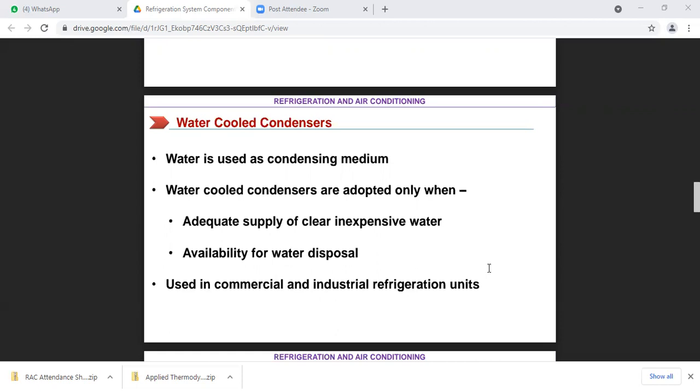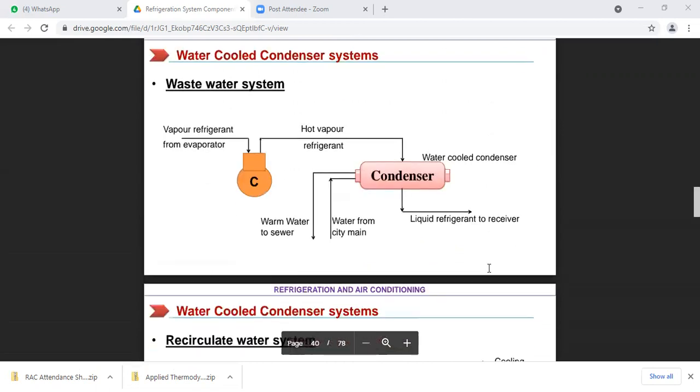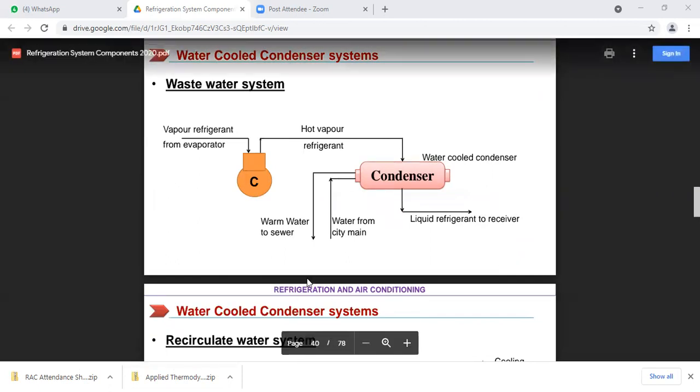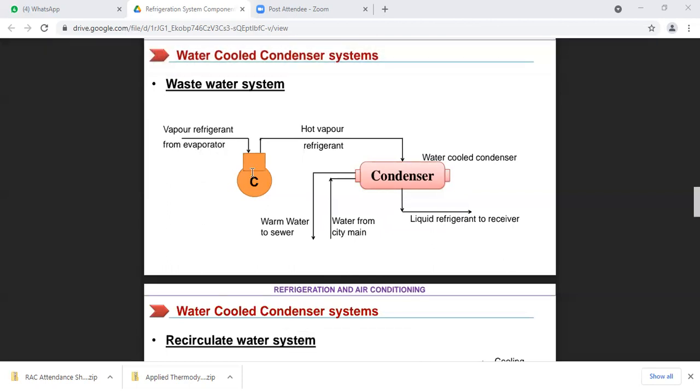So first we are going to discuss the waste water system. In this system, vapor refrigerant from the evaporator is introduced inside the condenser, where it becomes hot vapor refrigerant.